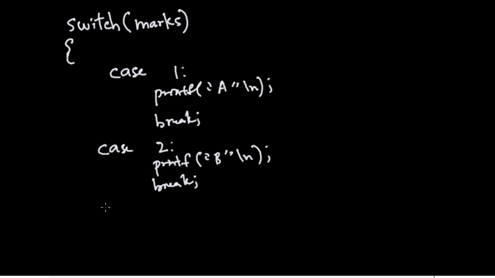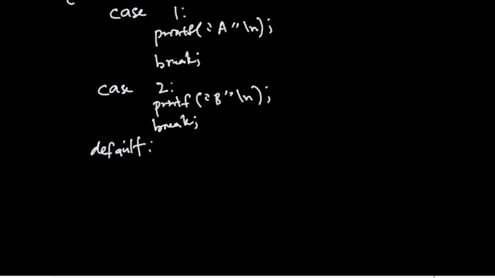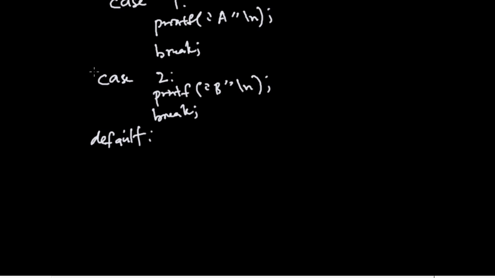Now at the end, it's more of the programmer's choice to put the default or not. Default. Now what default means is that default for the switch case construct is the same as else for if. So if it doesn't match 1, 2, 3, 4, or 5, then it goes into default.